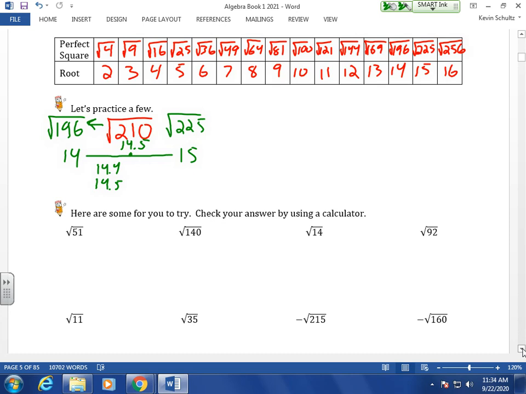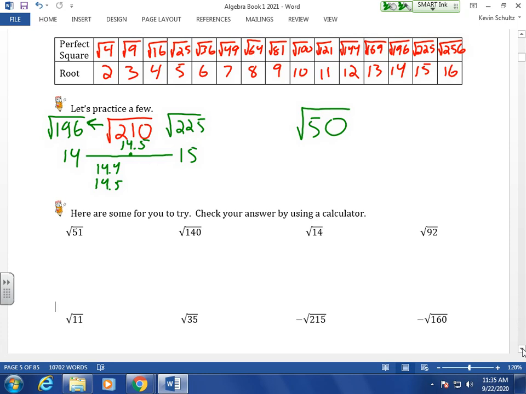Okay? Give me another number that is not a perfect square between 4 and 256. Yes? 50. The square root of 50. Not a perfect square. So let's look for the next perfect square smaller and the next perfect square bigger.